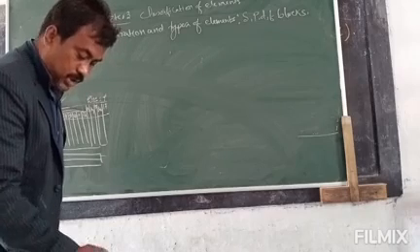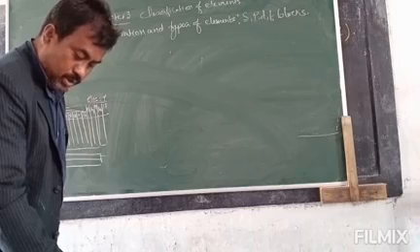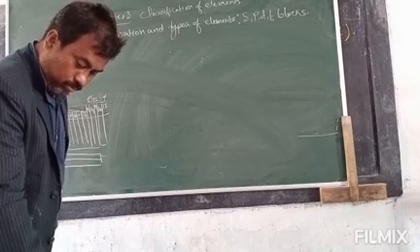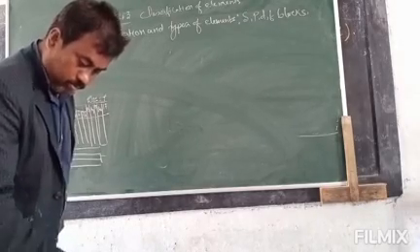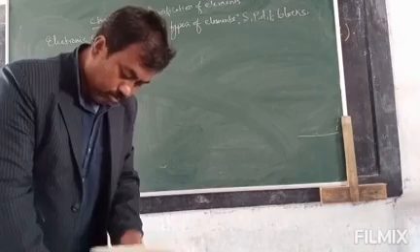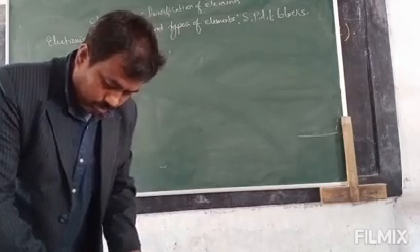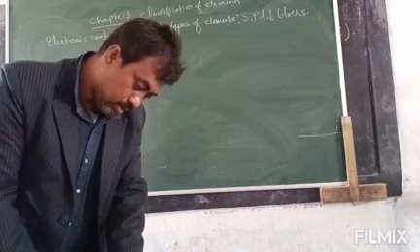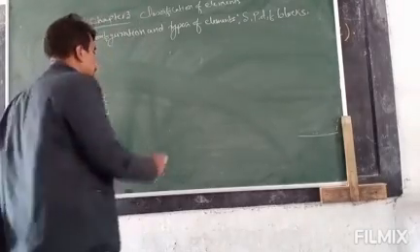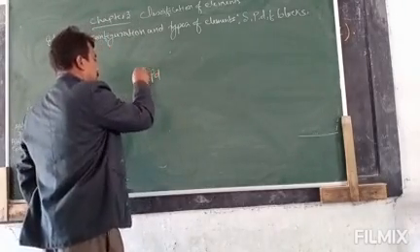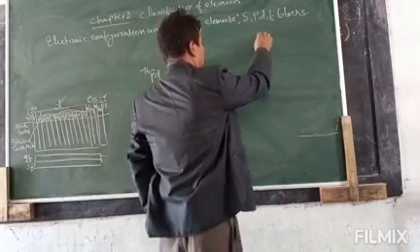Now let us take an element having atomic number 46, that is palladium, Pd. Palladium, atomic number 46. Now let us try to write the electronic configuration.